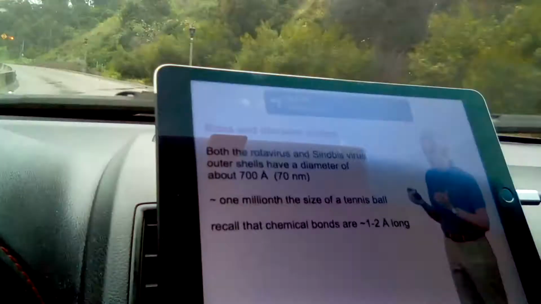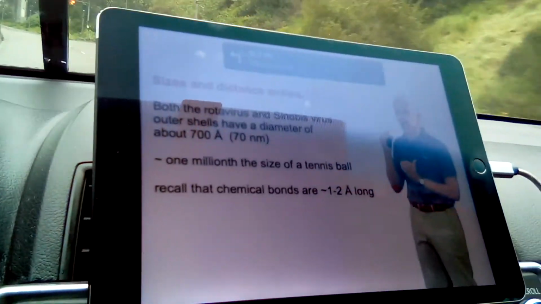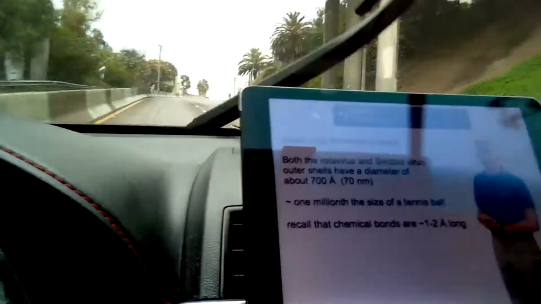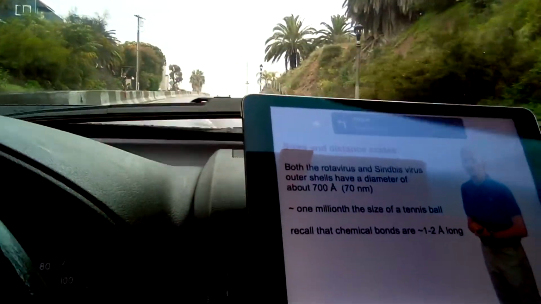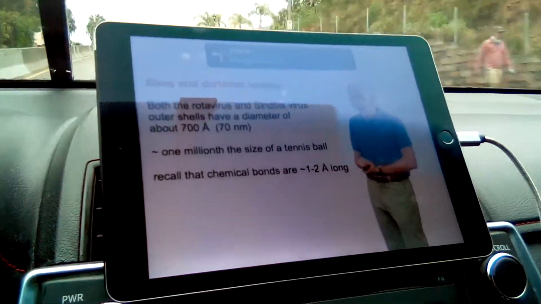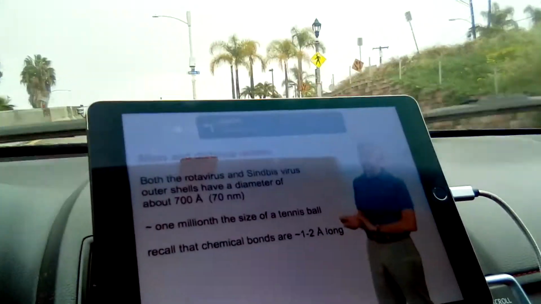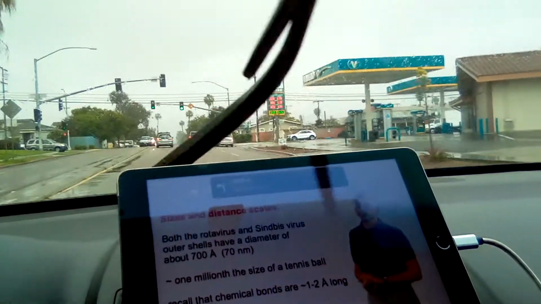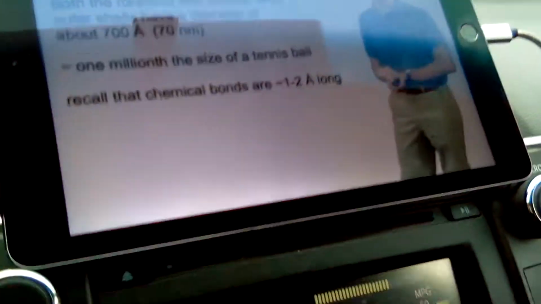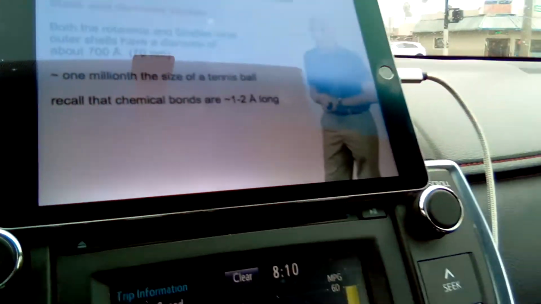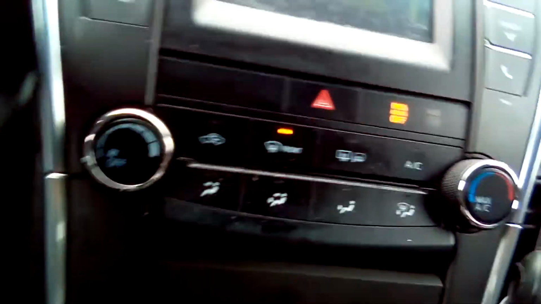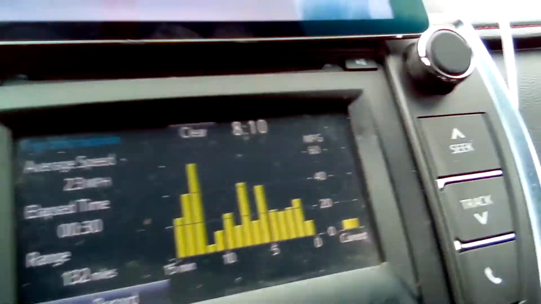Recall that chemical bonds are between 1 and 2 angstroms in length, and that's why chemists use angstroms rather than nanometers. It's the natural unit of a chemical bond. So when I say 700 angstroms, you can think of that as 500 to 700 atoms across. Of course, it's a volume, and so the molecular mass of these particles is some tens of millions of Daltons.